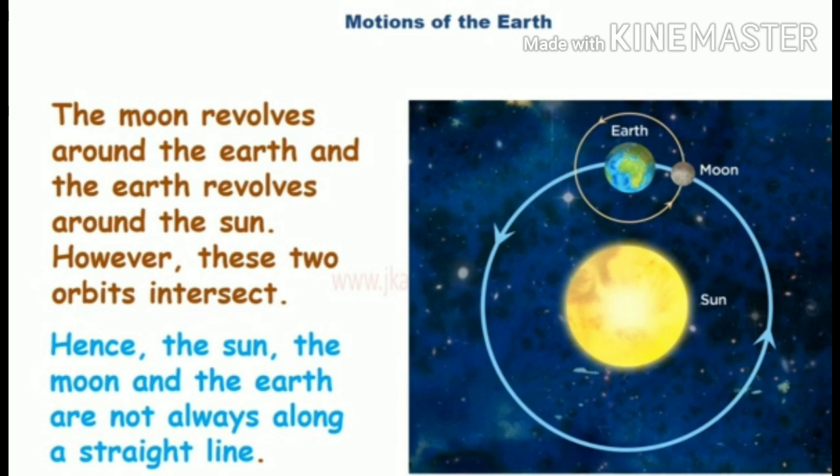Hence, the sun, the moon and the Earth are not always along a straight line. Dear children, it means the sun, the moon and the Earth do not always remain along a straight line, but whenever they come in a straight line, we experience the solar eclipse and the lunar eclipse.